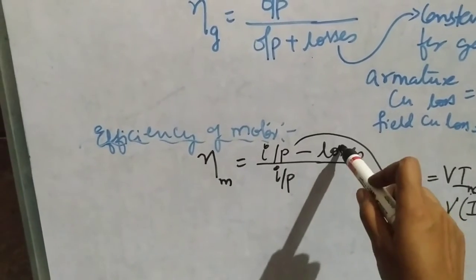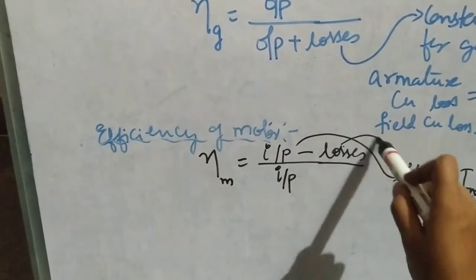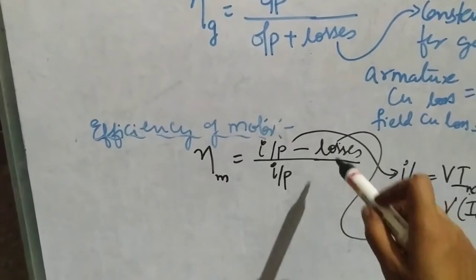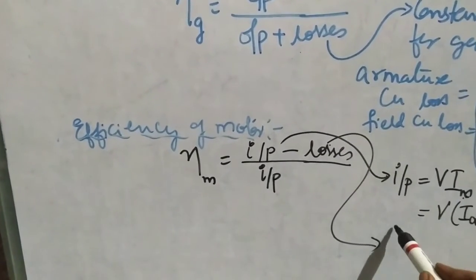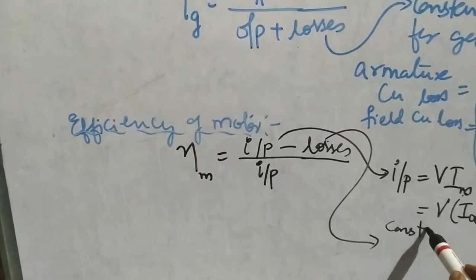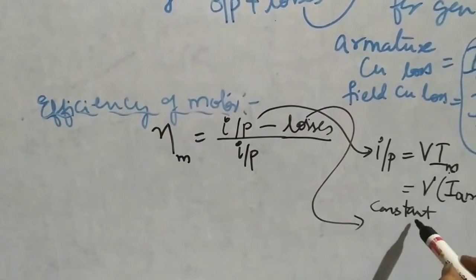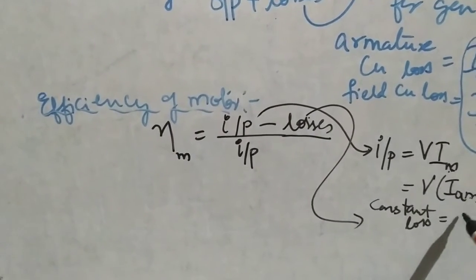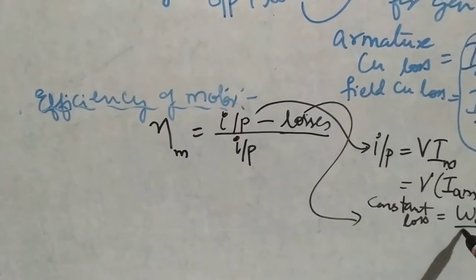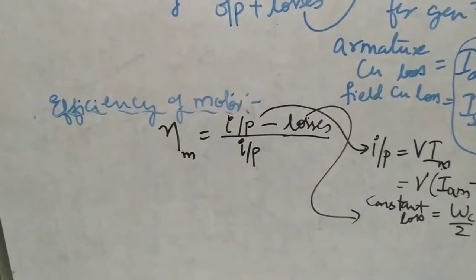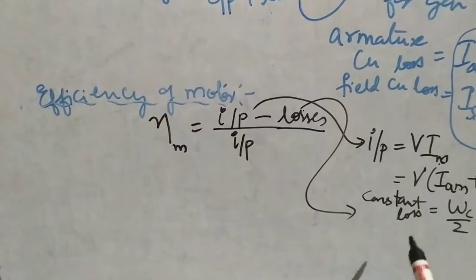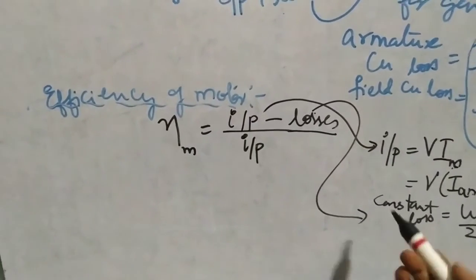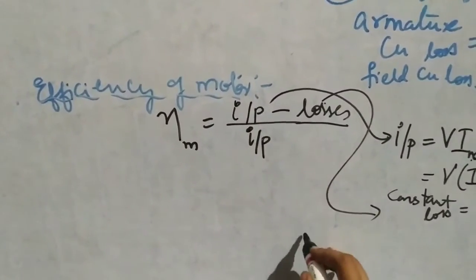Then what about the output? Similarly to what you expressed here, the losses. The losses means you have to again include the constant loss. What is that constant loss we calculated here? Constant loss, that is WC divided by 2, the constant loss for the motor as well. Then similarly we have to include the variable losses. What are the variable losses?